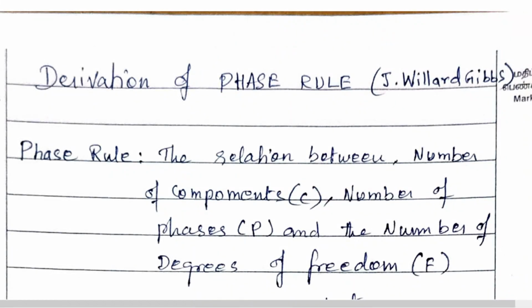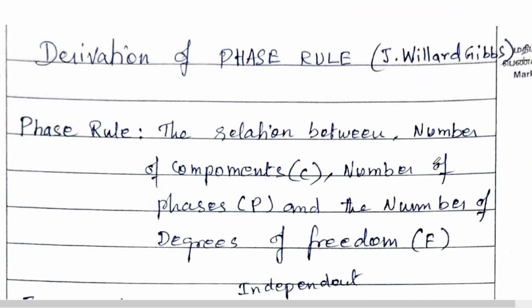Dear students, today let us see the derivation of Gibbs phase rule. This phase rule is the relation between the number of components, the number of phases, and the number of degrees of freedom in a system.